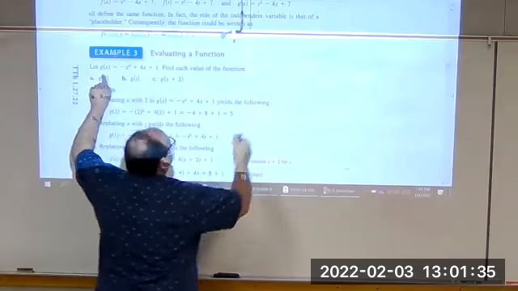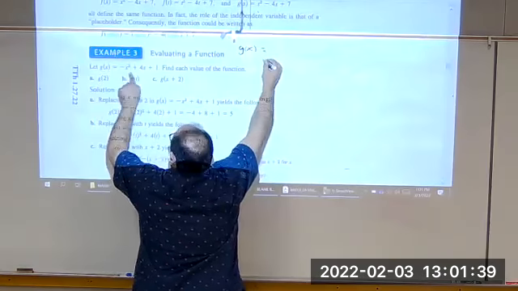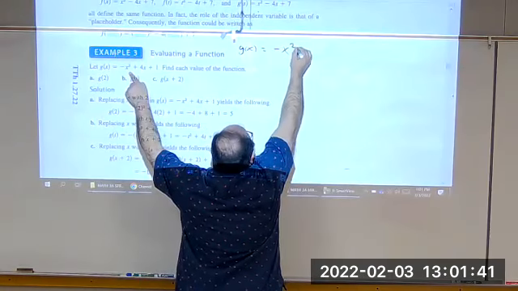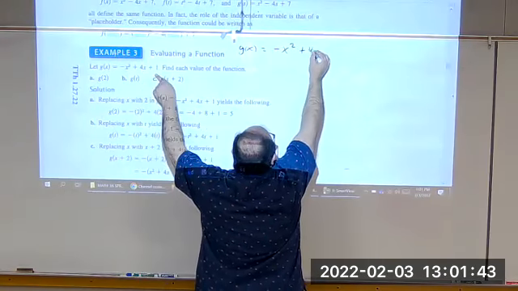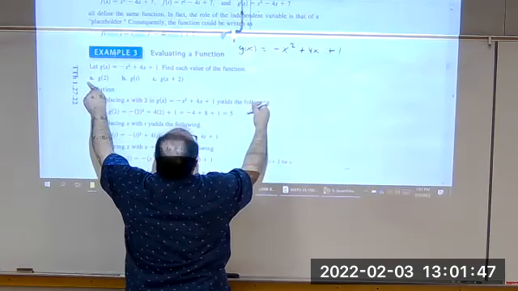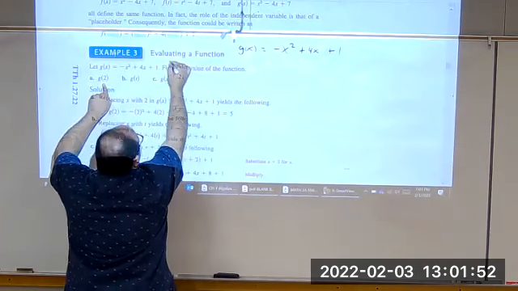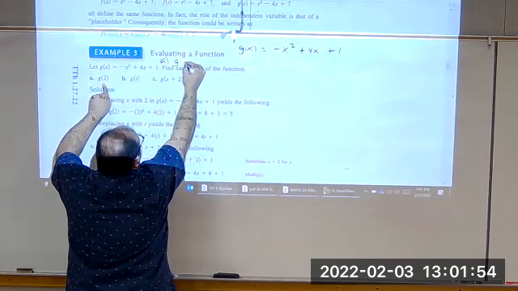They give us a function g of x is equal to negative x squared, plus 4 times x, plus 1. And it wants us to evaluate. I'm going to throw in an extra one. A, what is g of 2?